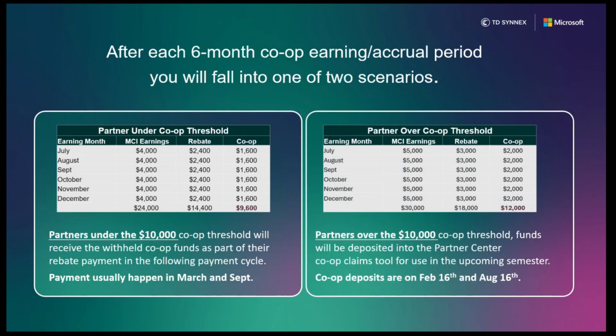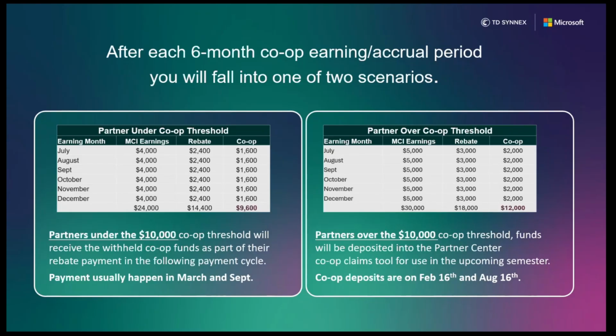Now, if you were over the 10K example, so if you're a partner who is earning about $5,000 a month in Microsoft Commerce incentives, your rebate is about $3,000 and your co-op earnings are about $2,000. Now, I'm giving you guys easy numbers, but the numbers aren't always equal like that, because again, if you have an annual prepaid, that will jump up a particular month, right?